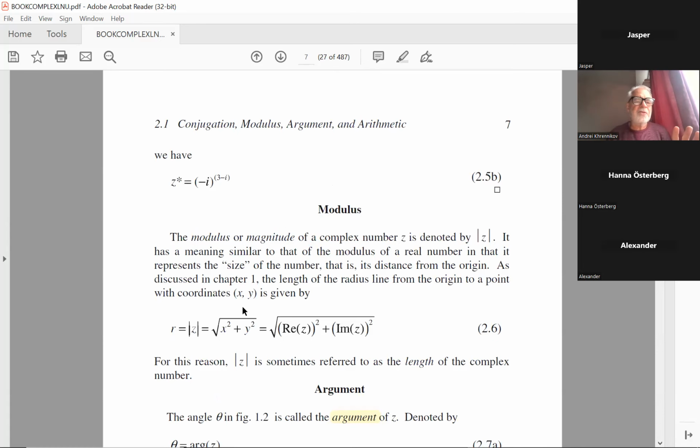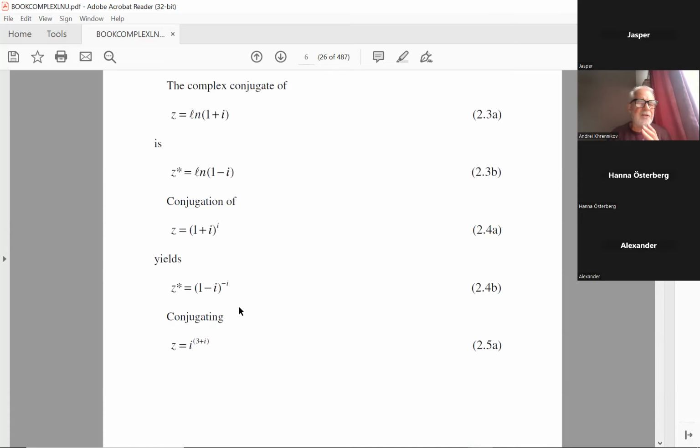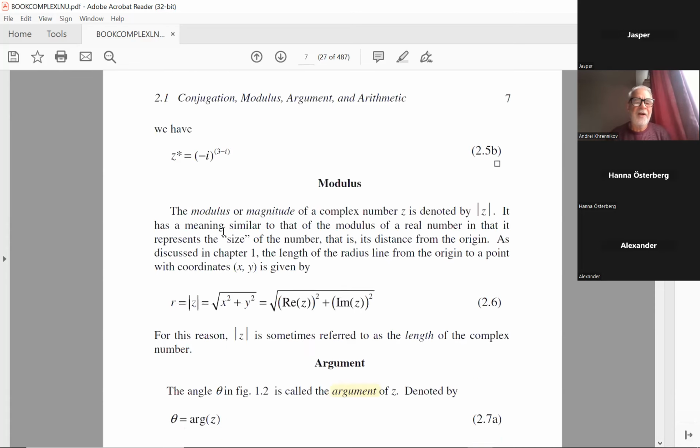Then the second example, I think, is not better. This is (1 plus i) to the power i. It's also a very complex notion. We shall come back to it later.